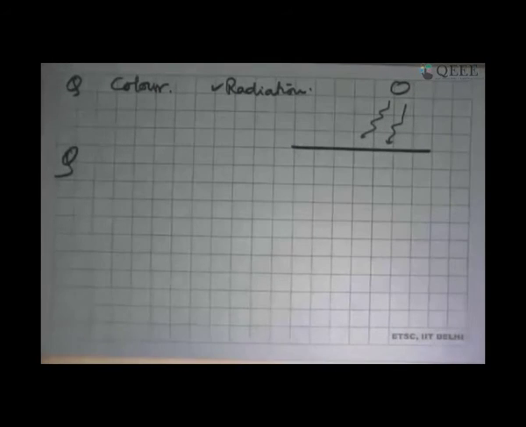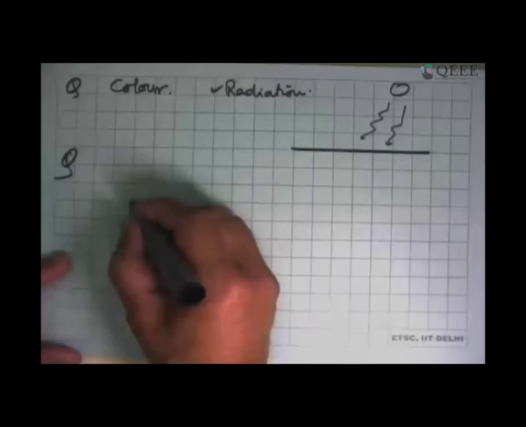Next question, it says what is the basic difference between film-wise condensation and drop-wise condensation? Okay, so let me again revise what happens. Now that we have gone through the whole discussion, here is what it does.